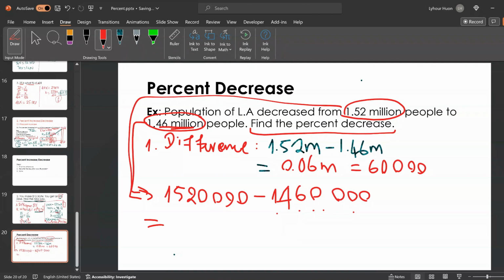What is the answer? Do you subtract? Yeah, we subtract. Find the difference, so we subtract. 1,520,000 subtracted by 1,460,000.